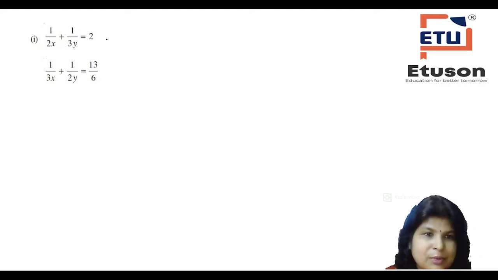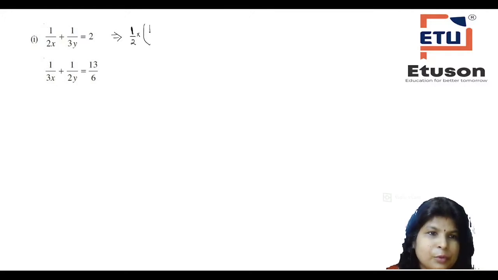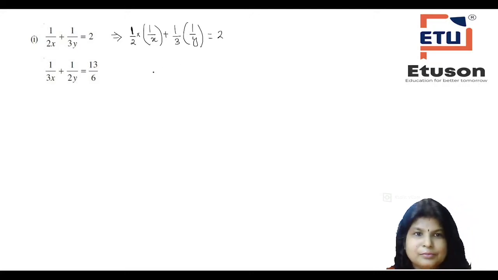So what I will do, I'll just rewrite the equations given here. So can I write like this? So 1 by 2 into 1 by x plus 1 by 3 into 1 by y is equal to 2. Can I write like this? Correct.